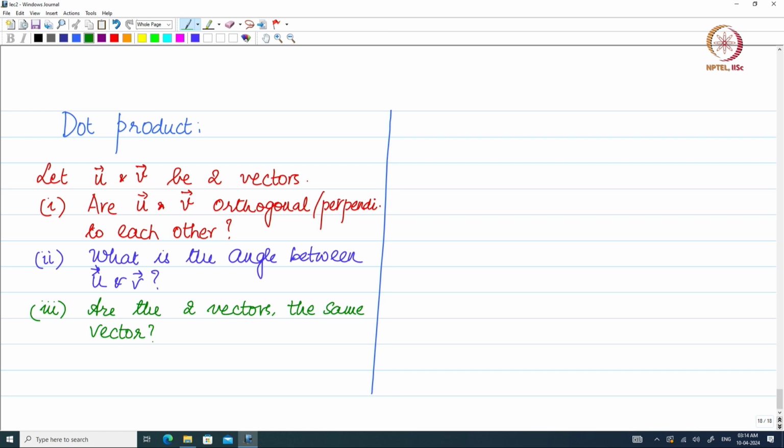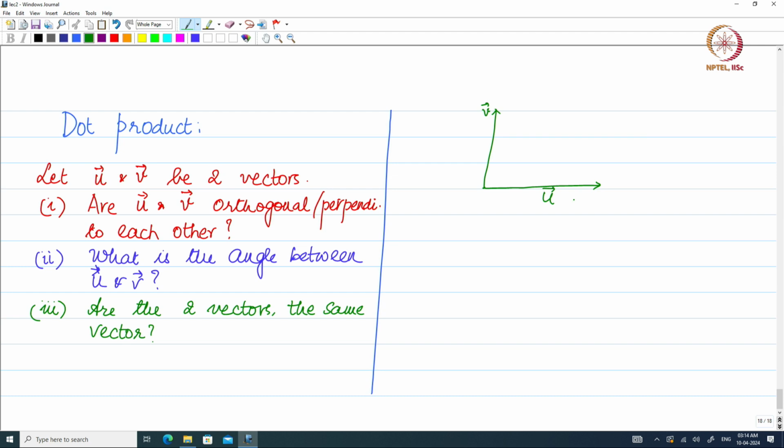So, in order to find out this, let us first of all look at a simple case where I have this vector, let me call this vector u, and let me call this the vector v.